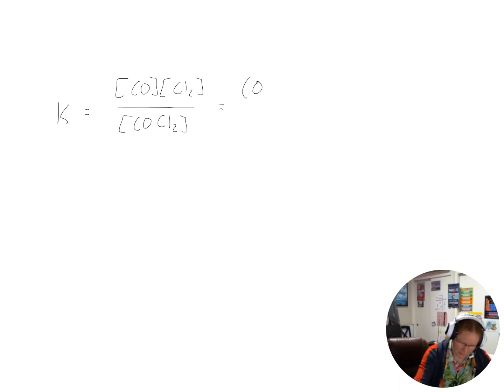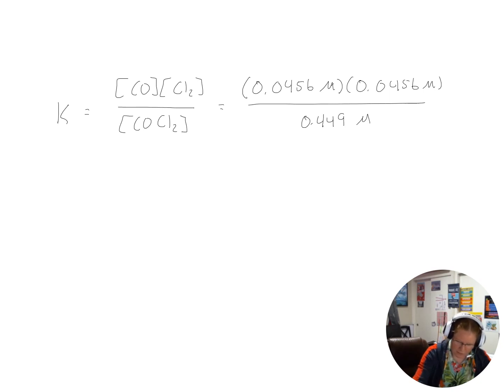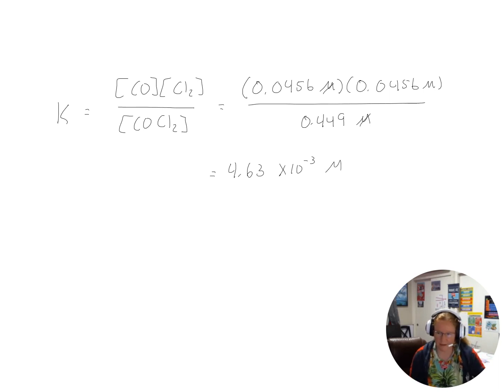So we're going to get, all right, and this one's also going to be in terms of a single molarity, the way it cancels out. And so you should get 4.63 times 10 to the negative third molar. Okay?